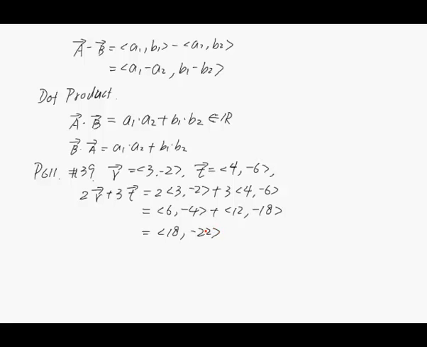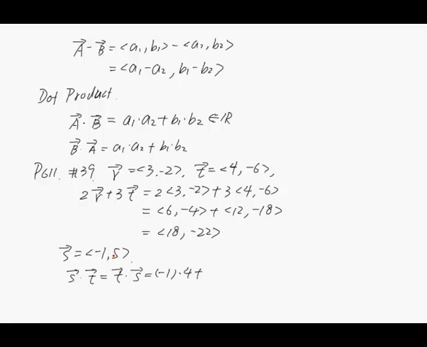Now, suppose we want to find the dot product of S and T. Vector S is equal to negative 1, 5. Then the dot product of S and T, the same as T dot S, is equal to negative 1, the first component of S times the first component of this T, that is the 4.